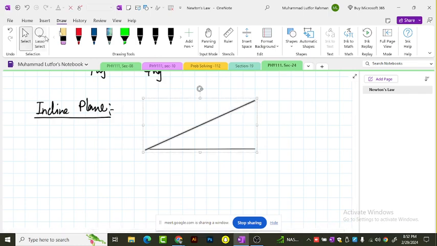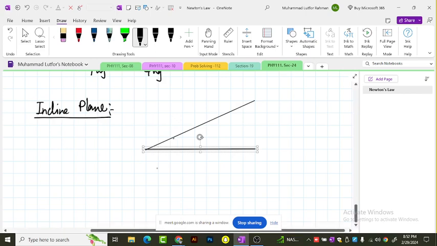All right, this is my plane. Let's say this plane creates an angle, theta. This makes an angle with the horizontal surface. I keep a block over here which has a mass m.